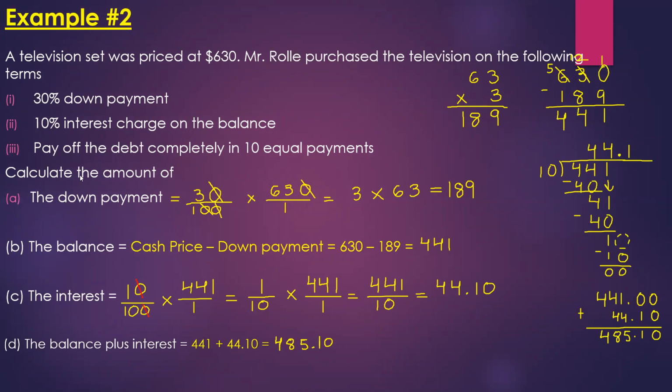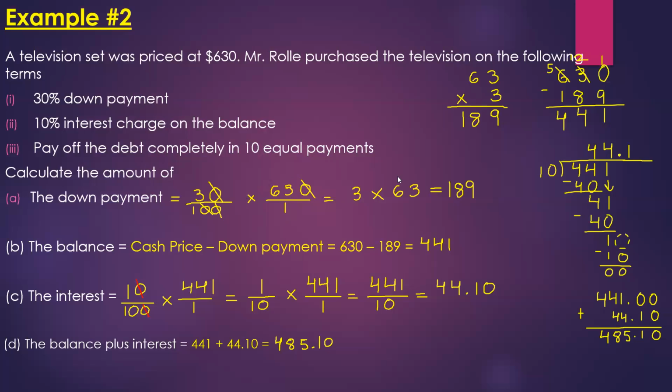So question A is asking us to calculate the down payment. So to do that, since it's 30%, you do 30 over 100 times 630, and then you cross out zeros. So you get 63 times 3, which will give you 189.